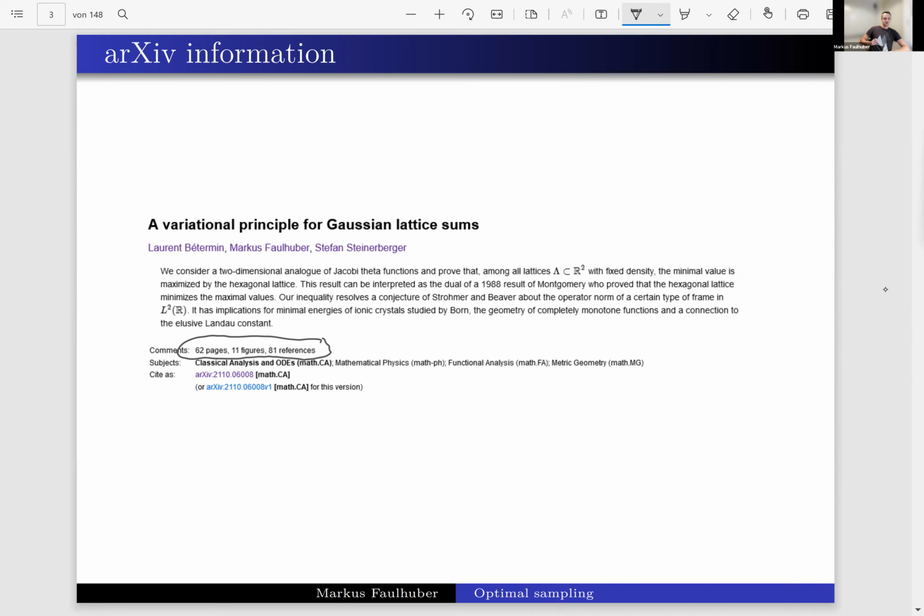Only if you're interested in all the technical details will you have to go through the rest of the article. Let me also mention that even though you need some advanced methods to formulate and maybe also understand the problem, the basic problem is not very hard to formulate and understand. And the techniques that are used don't really need much more than maybe calculus 1 or 2.